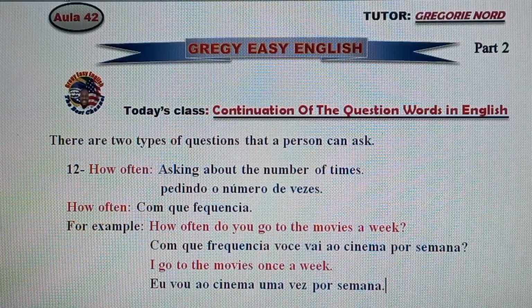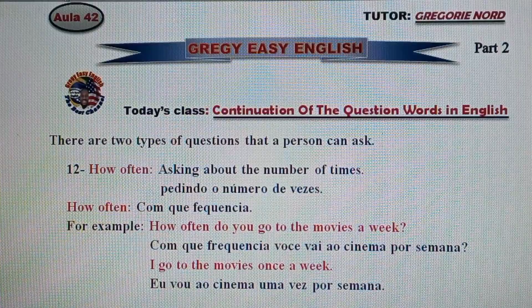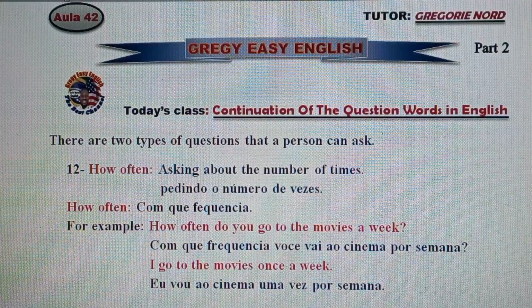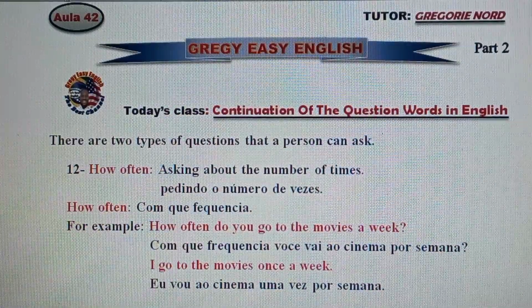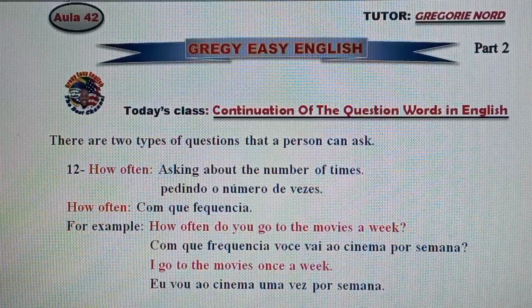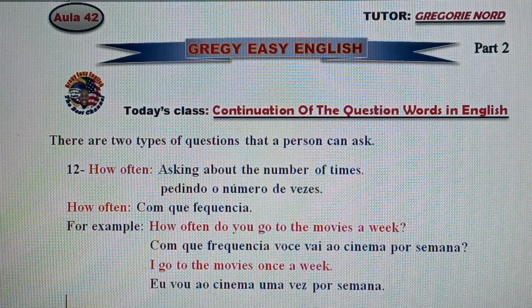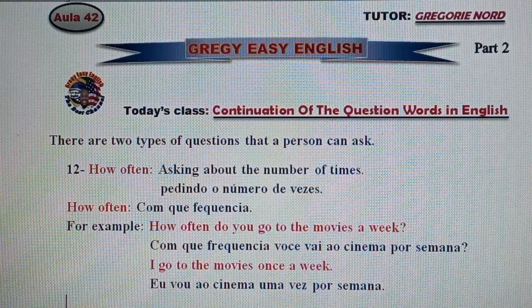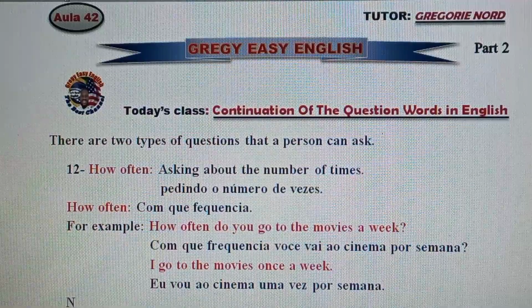Okay, guys. Now let's continue with the question words. As I told you guys, we have many question words in English. Okay, guys. Before we continue, I want to tell you something. How often can also be replaced by how many times. Okay.